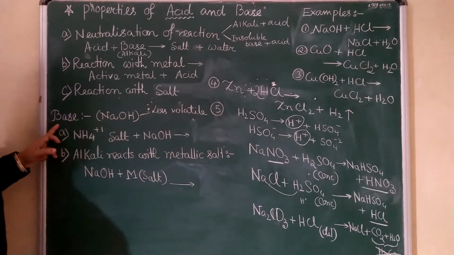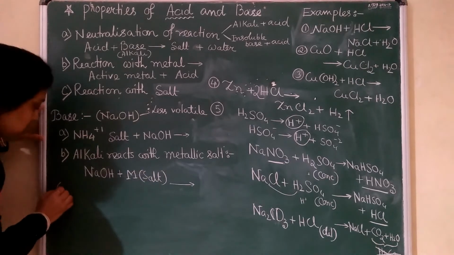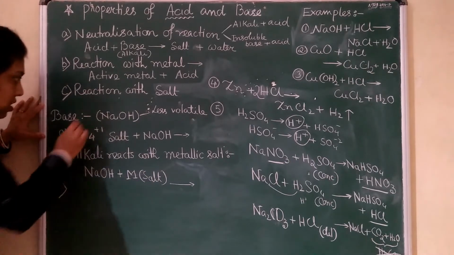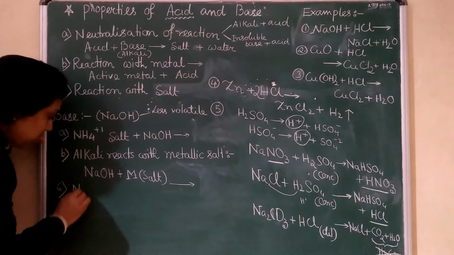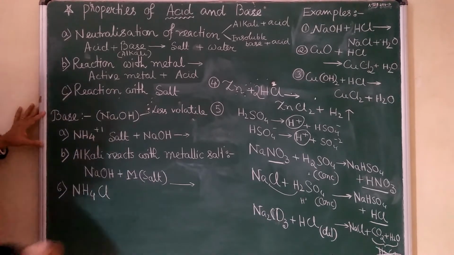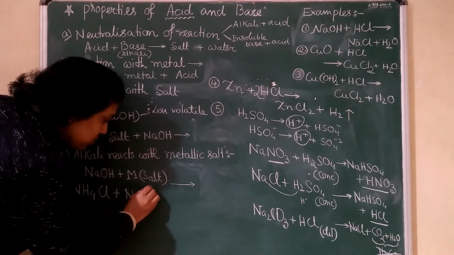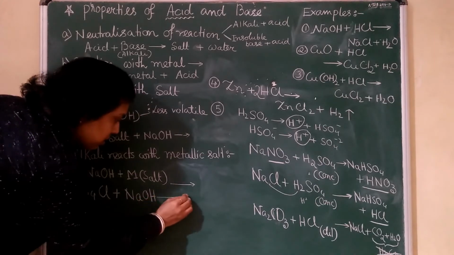Next one is base. This one is reaction example 6. NaOH will react with an ammonium salt. So ammonium chloride plus NaOH. What will be the product?